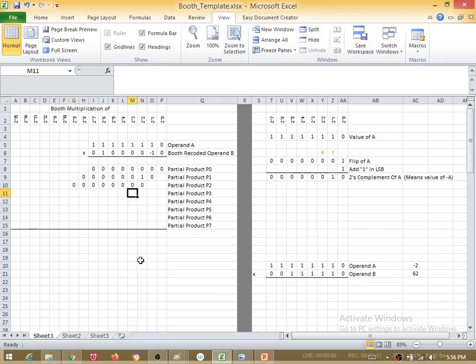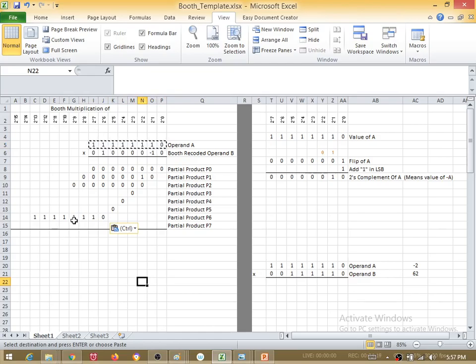So I am just going to write zeros. Now I come here. Here operand A is multiplied with a 1, which means I have to write the value of A here. So I have written the value of A.